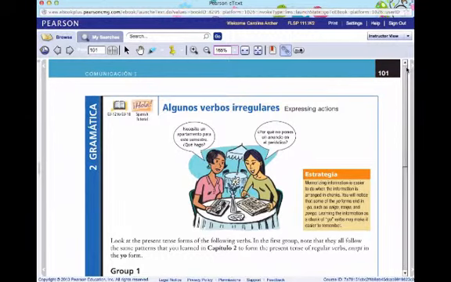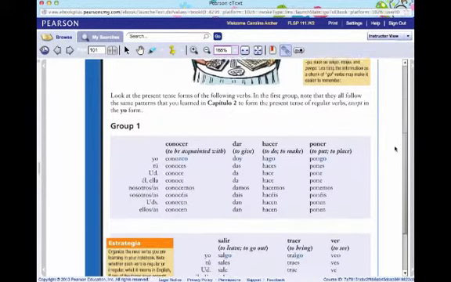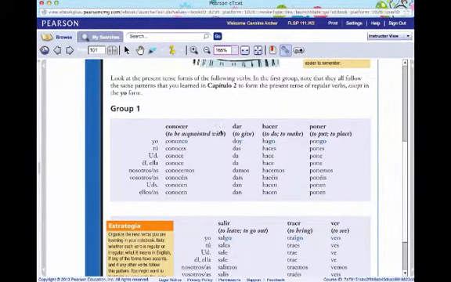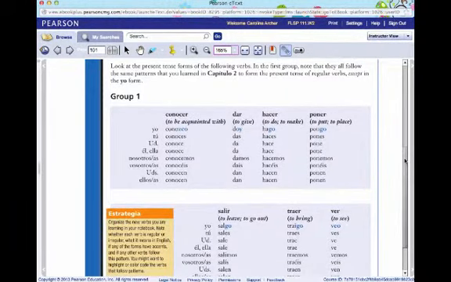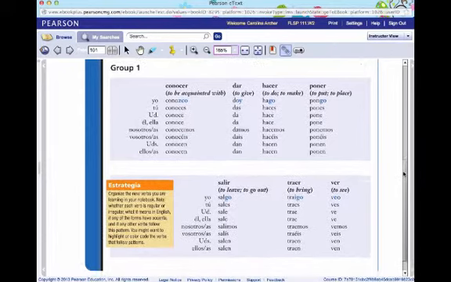They conjugate the same way, and the root of the verb stays the same, and all you do is change the ending of the verb. So in the present tense, irregular verbs are still going to have the endings that you learned with the regular verbs. But what makes them irregular is that they don't completely follow the pattern all the time.